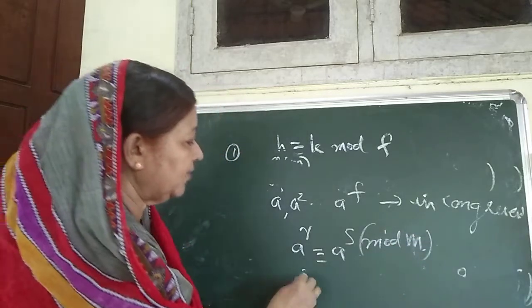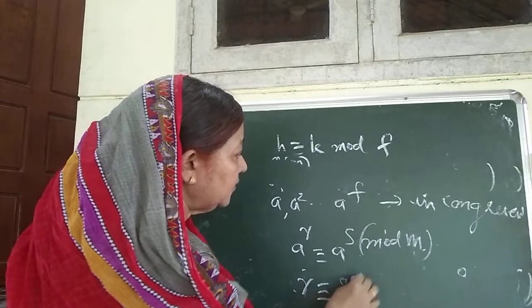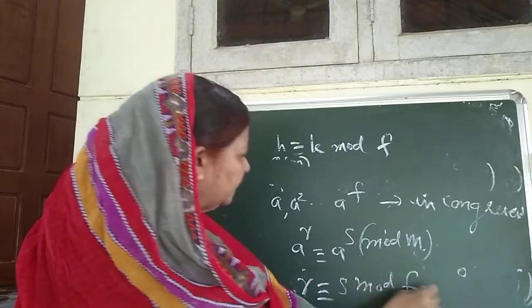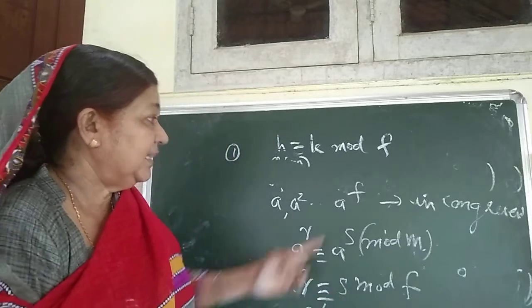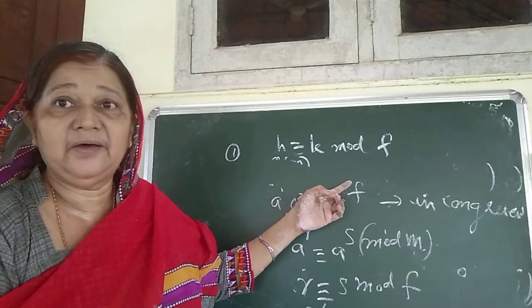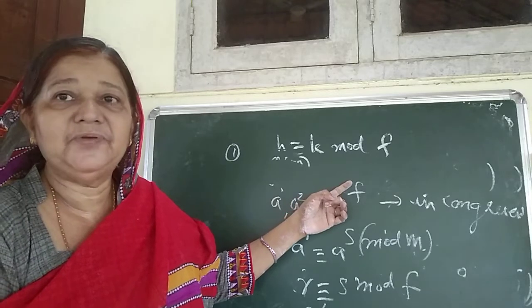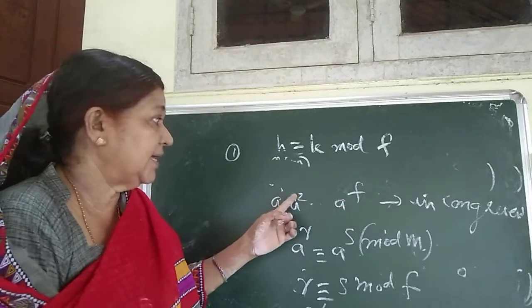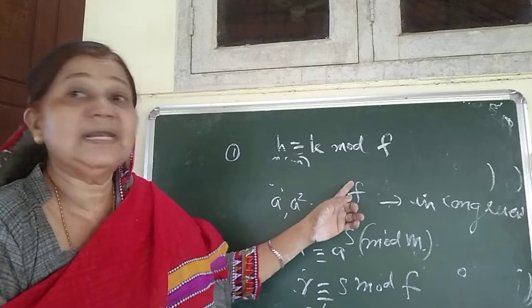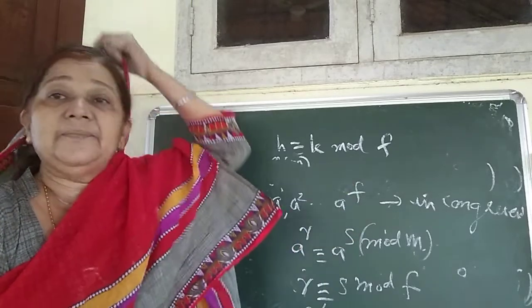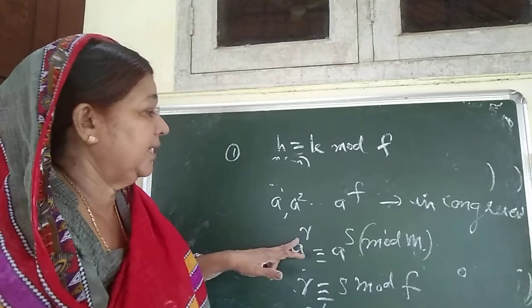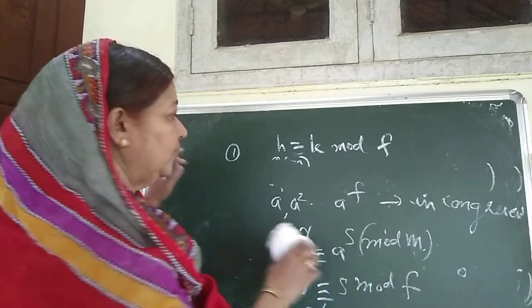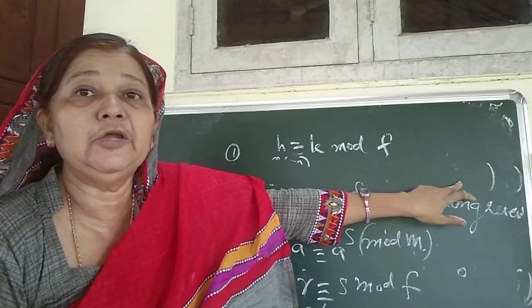Then by the above theorem, we know r is congruent to s modulo f. That is, f divides r minus s. But we know the least positive integer is f, such that a raised to f is equal to 1. All these a raised to r and a raised to s are less than f. Therefore, r minus s is also less than f. Therefore, it is not possible. Therefore, our assumption is wrong. Therefore, all these are incongruent.